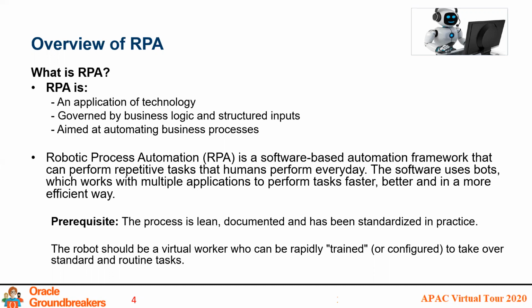The prerequisite for an RPA solution is that the process should be lean, documented, and standardized in practice. The software uses bots, which work with multiple applications to perform tasks faster, better, and more efficiently. The bot or robot should be a virtual worker who can be rapidly trained to take over standard and routine tasks.